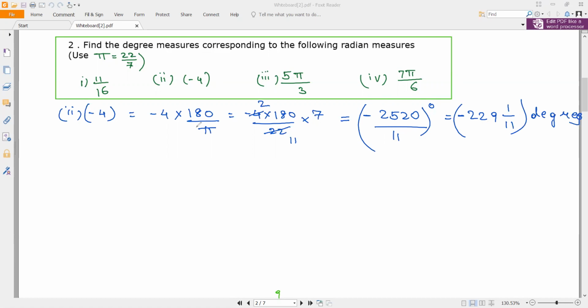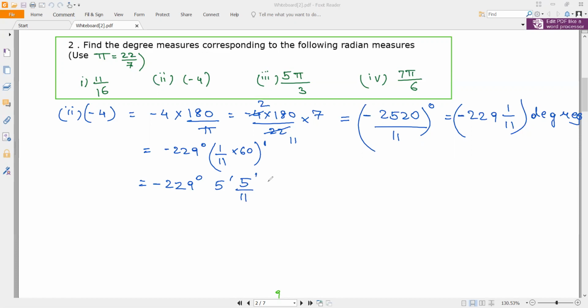Again, you can convert it into minutes. 1 degree is equal to 60 minutes. So you can write minus 229 degrees, 1 upon 11 into 60 minutes. Again, this can be further converted into minus 229 degrees, 5 and 5 upon 11 minutes.